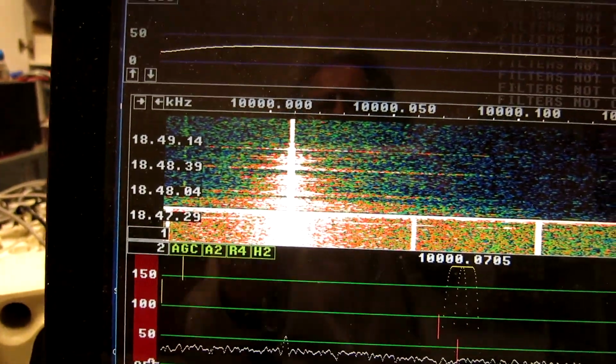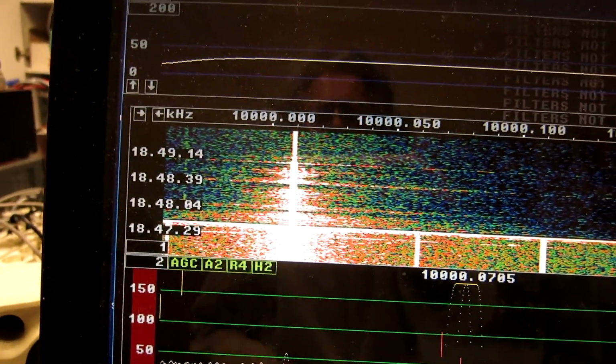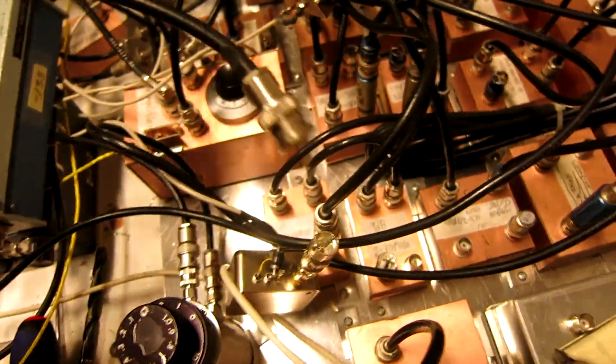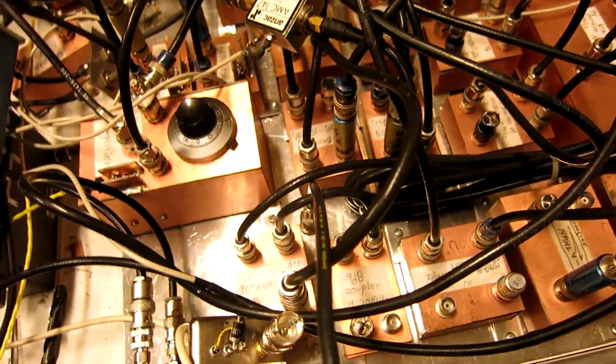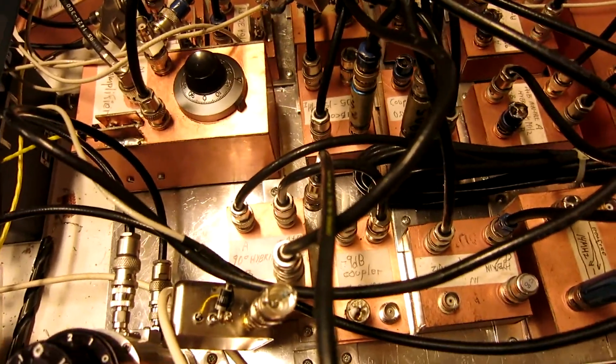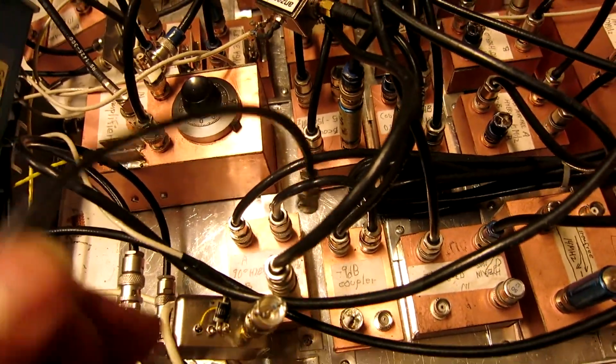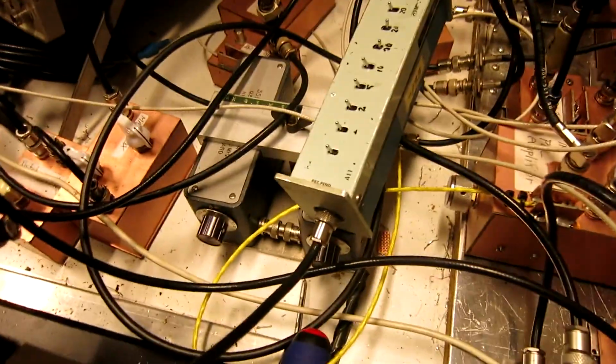Here you can see some noise problems I ran into. It was because I was careless. When disconnecting this cable, I just left it laying, so it made some not so good contact to something, and that's just the screen on the cable to the attenuator.